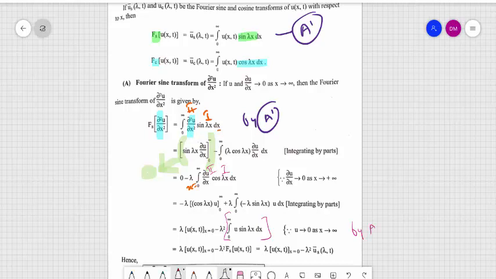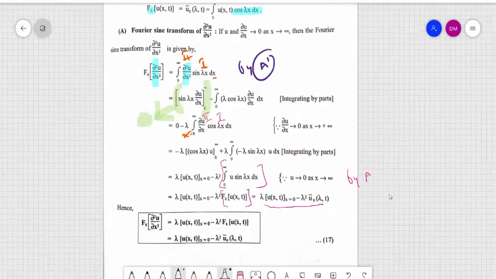That is Fs of u, the Fourier sine transform, which is nothing but the transform of u as well. So this is the formula for the Fourier sine transform of ∂²u/∂x².